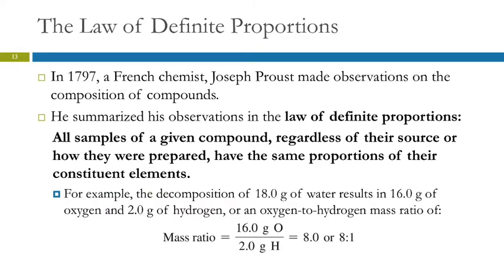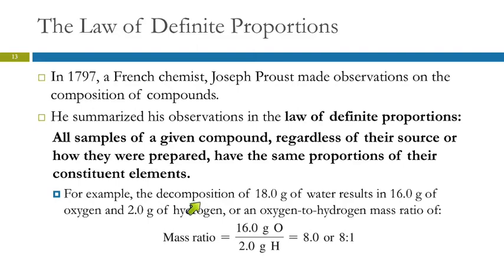He did not know exactly what atoms were, but he observed that if you get water from your faucet or water from the ocean and purify it, or water from the Nile River, no matter where you get the water, the ratio of oxygen to hydrogen in it is always the same.